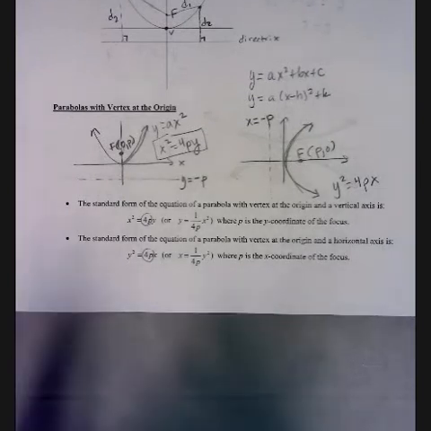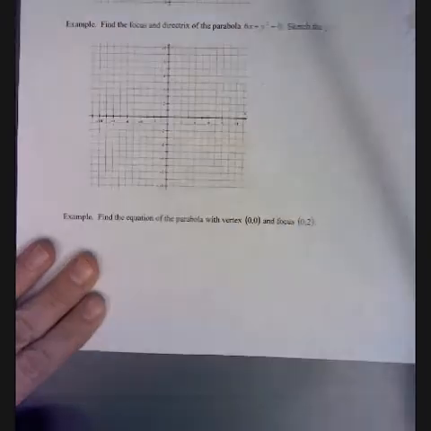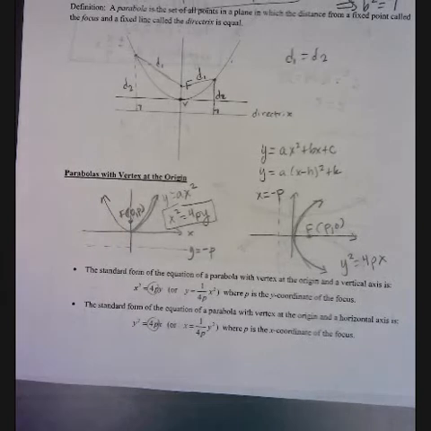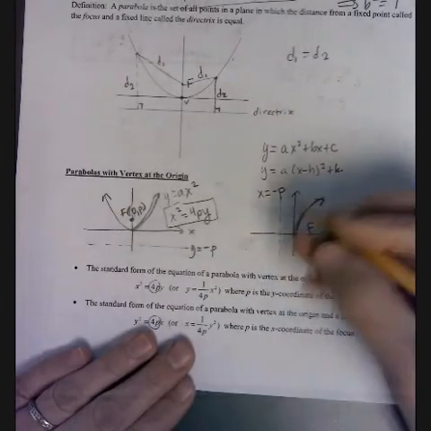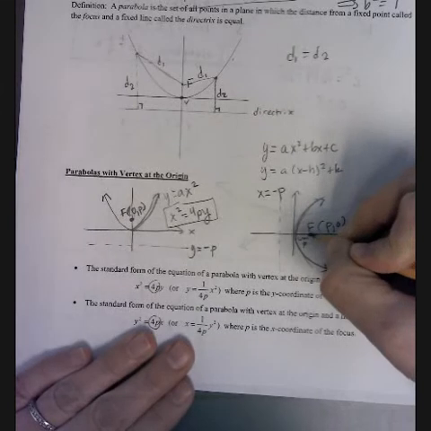And then one other thing I want to talk about, actually I think I'll talk about it when we do a graph. Well, I guess I'll do it here. This is p right here. You can find 2 other points on the parabola.